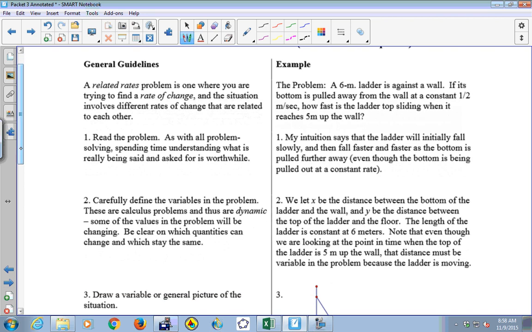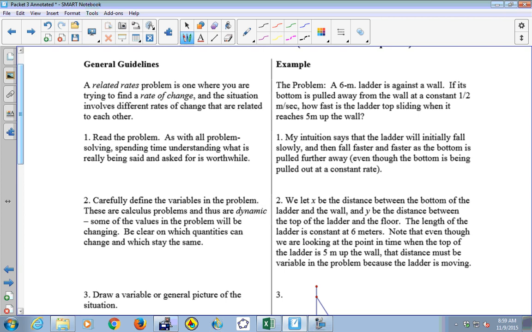So there's some general guidelines here, and then an example problem of a ladder leaning against a wall and falling. Okay. So a related rates problem is one where you're trying to find a rate of change, and the situation involves different rates of change that are related to each other. Okay, so step one, read the problem, spend some time understanding what's really being said and what is being asked for.